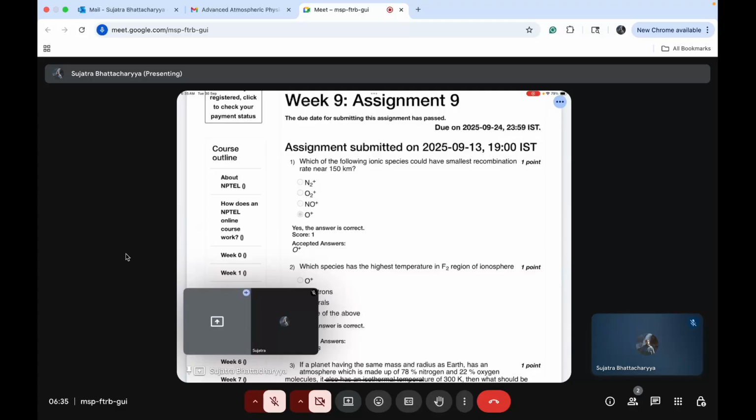Based on our previous problem solving session and week 9 contents, you will find that at 150 kilometers, the major concentration is of O plus, that is the oxygen ion, and the recombination rate is much smaller in case of O plus as compared to any other ionic species.